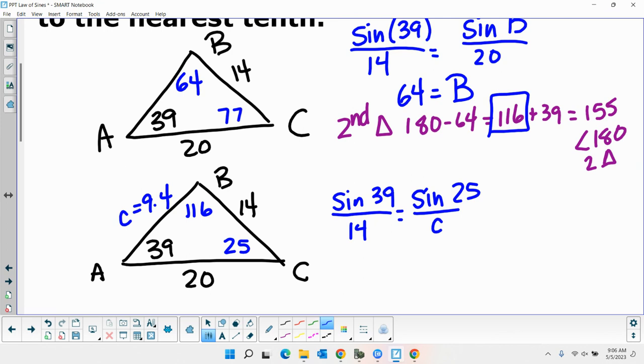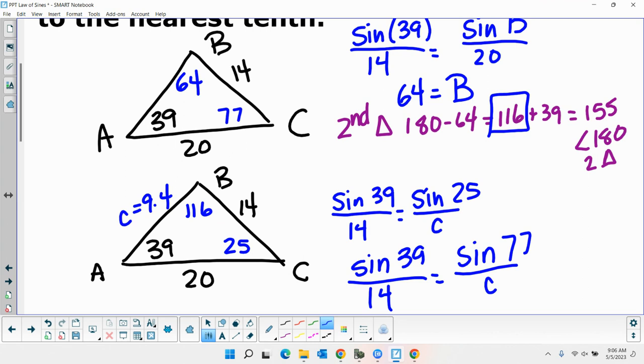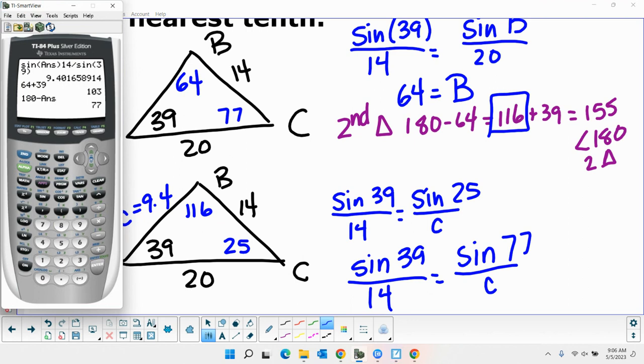So I'm going to go sine of 39 over 14 again, and now my C angle is 77 over C. So I'm going to go sine of that answer times 14. I don't need to put times, it knows it's multiplication. Divided by sine of 39. Close it up. And get 21.7 to the nearest tenth.